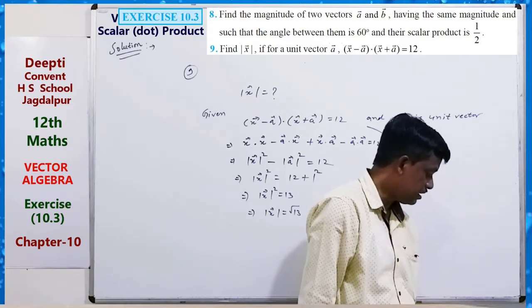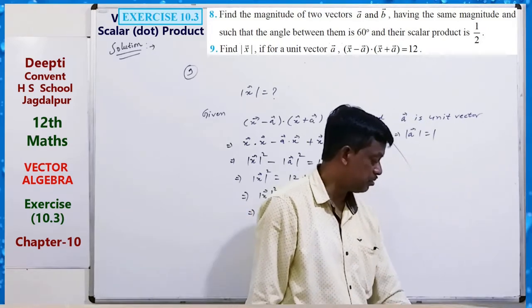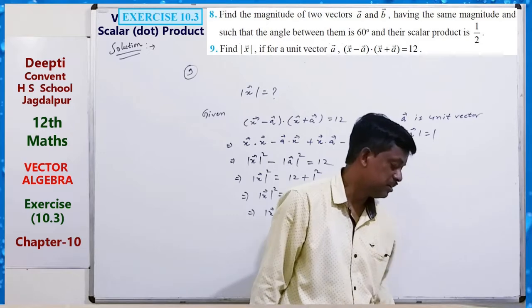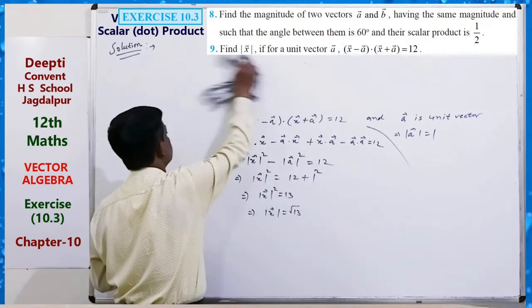Question 9. A, B, C are three vectors. A plus lambda B is perpendicular to C. Find the value of lambda. So here, question 10, we have to find the value of lambda.